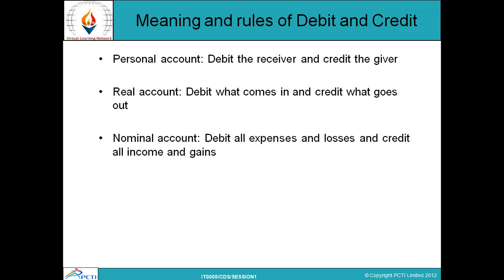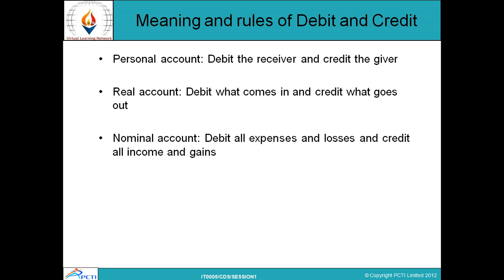So the real account rule says debit what comes in and credit what goes out, right? So what comes in? Cash. So cash has to be debited, right? Nothing has gone out, so cash is coming. Coming to the capital account, it's what? Personal account. So personal account says debit the receiver and credit the giver.